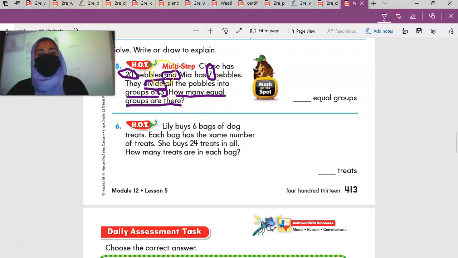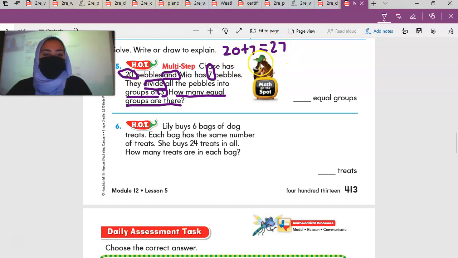So, first step I have to do is find out how many pebbles there are. Chase has 20 and Mia has 7. So, what am I going to do first? Add 20 plus 7 is what, class? That's easy. 27. So, now there's 27 pebbles.